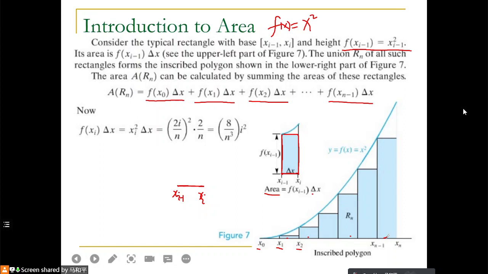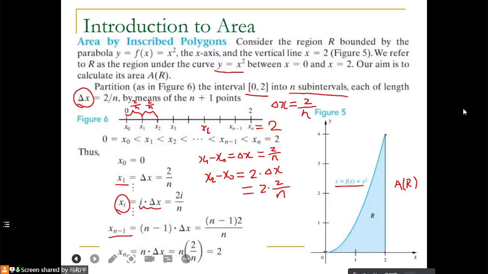Here f(xi) delta x. Now we calculate this one, f(xi) delta x. f(xi) means xi squared times delta x, and xi is 2i over n.